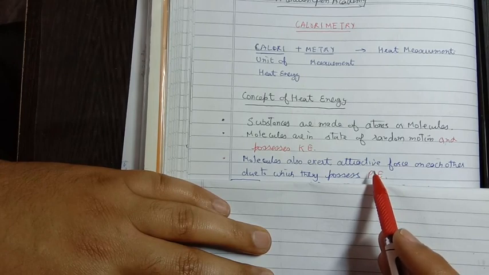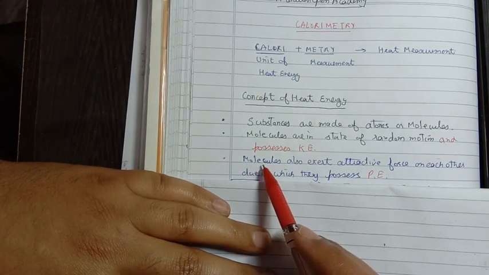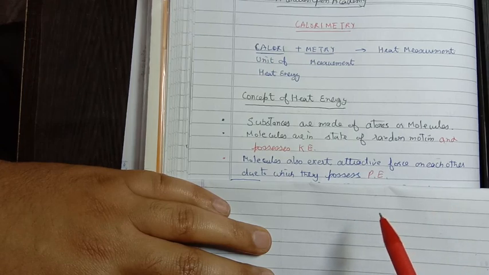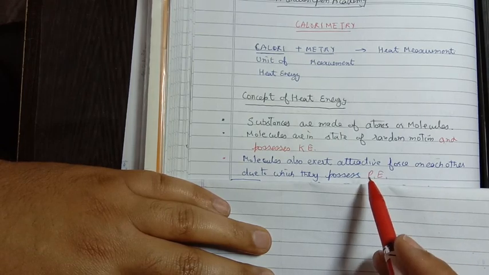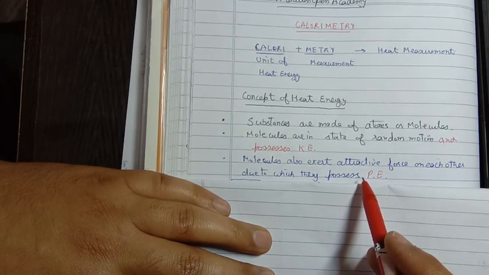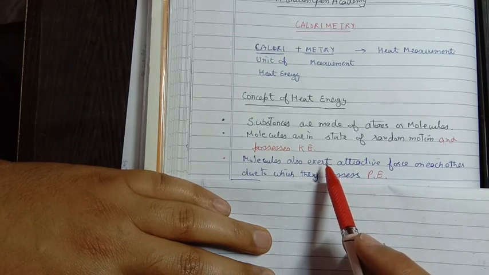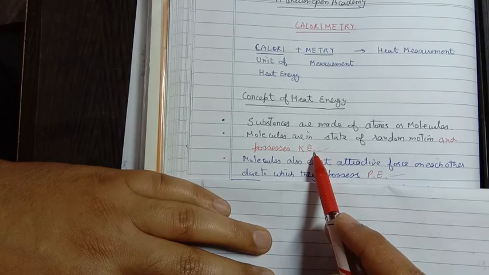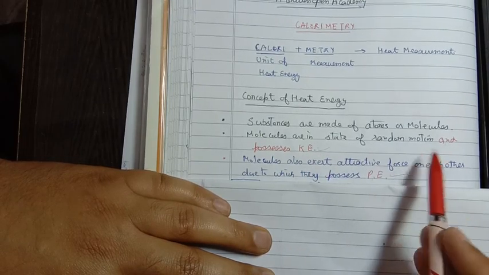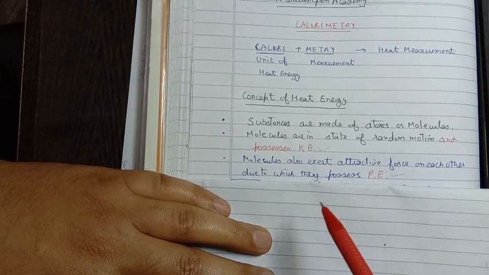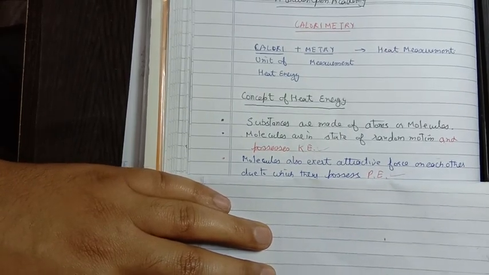That attractive force is called the intermolecular force of attraction in the case of molecules, or the interatomic force of attraction in the case of atoms, and it gives rise to another type of energy which they possess, called potential energy. Thus all the atoms or molecules in any substance possess these two types of energies: kinetic energy arising due to the state of motion, and potential energy arising due to the attractive force existing among atoms or molecules.